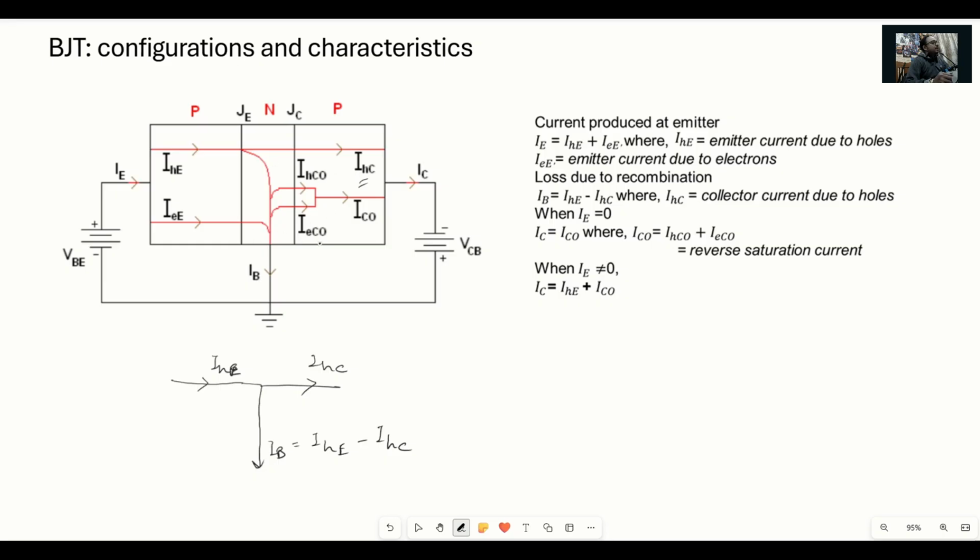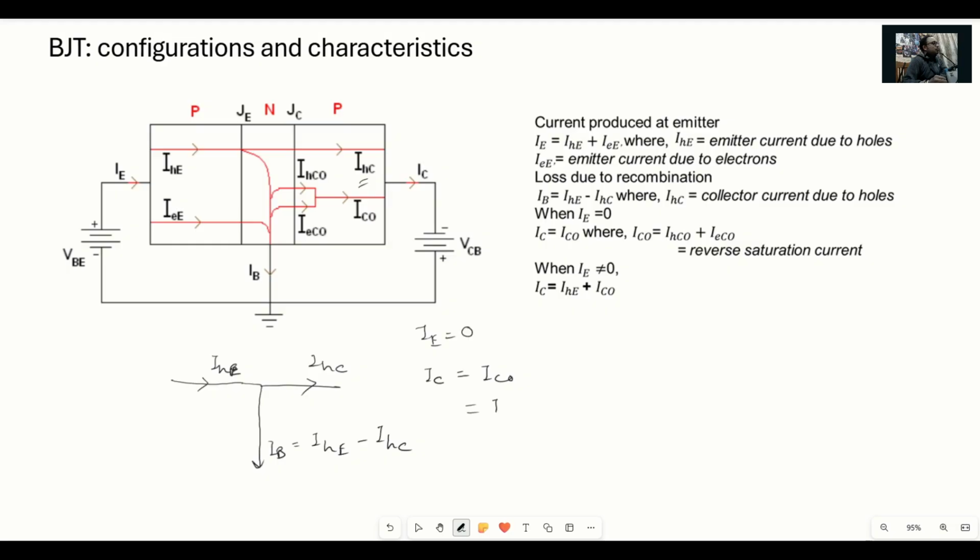Now we have another component in the transistor, which is due to the minority charge carriers. If we consider the emitter current IE to be 0, that means no holes are flowing from emitter to collector, then the collector current IC will be due to ICO, where ICO is the reverse saturation current.